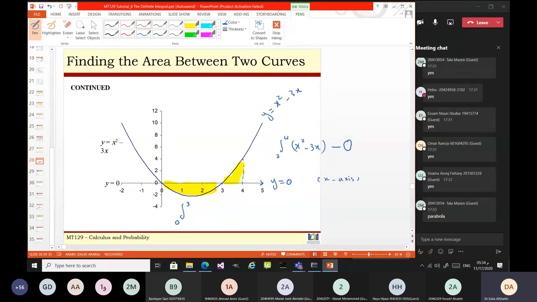From 0 to 3 the line is above, so it is 0 minus the parabola, which is x squared minus 3x. And we find the integration of this and this, we add them, and this will give me the total integration.